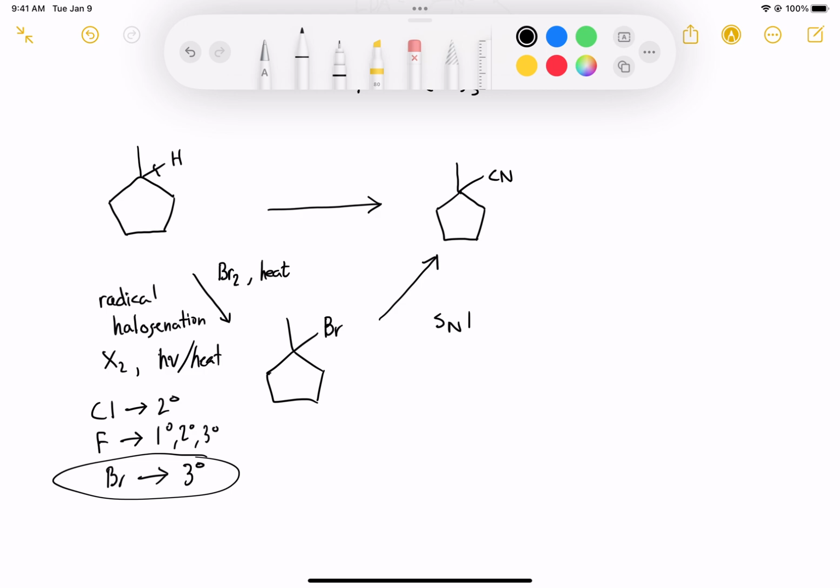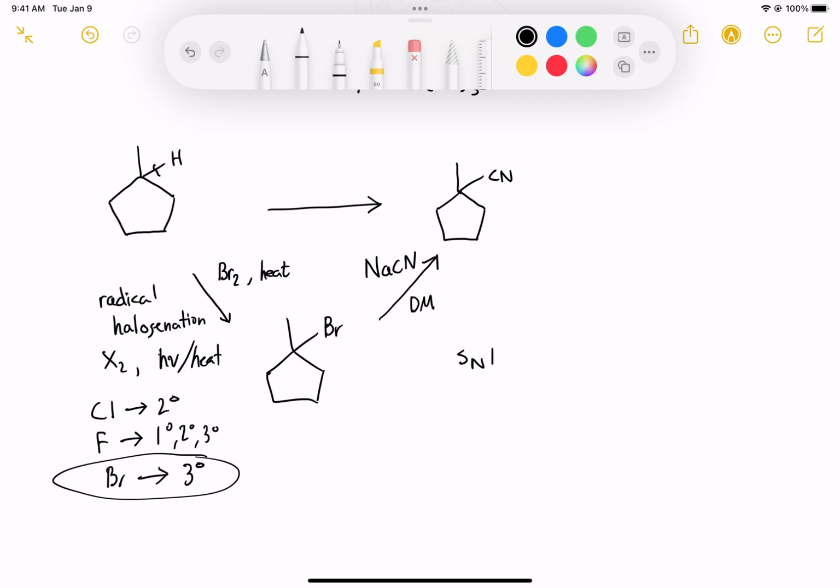Okay, so in this case, cyanide should give you the major product as the substitution product. So we can do sodium cyanide and then an appropriate solvent here would probably be DMSO.